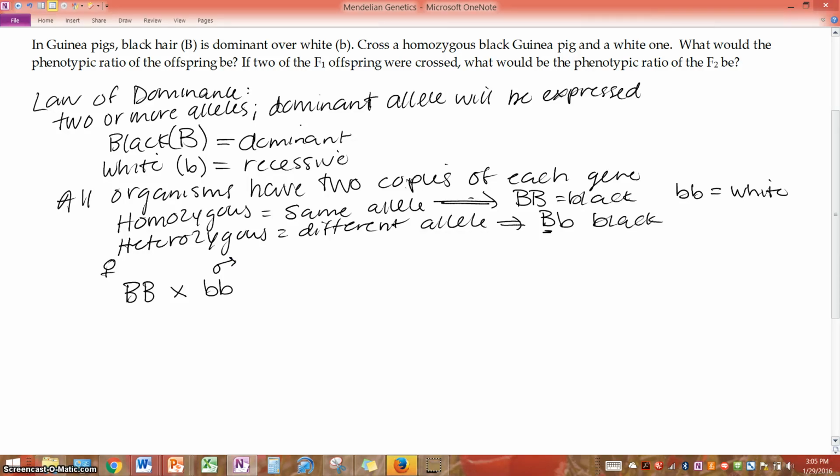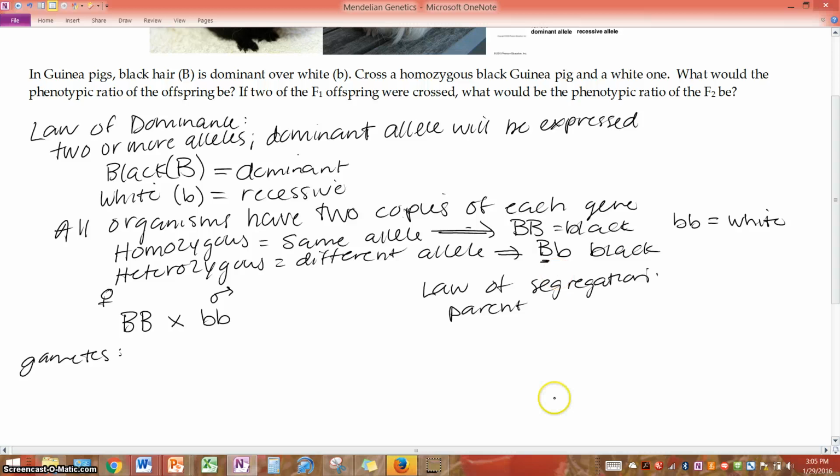In order to solve a genetics problem, the first thing we need to figure out are the gametes that are going to be produced. Remember, based on the law of segregation, each parent can give one allele, not both.